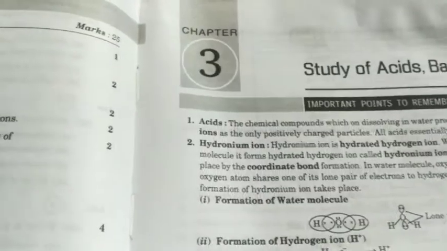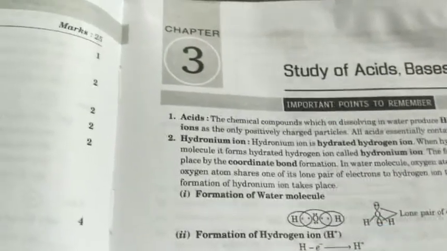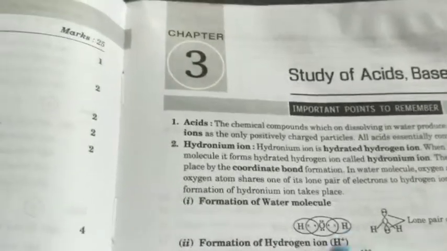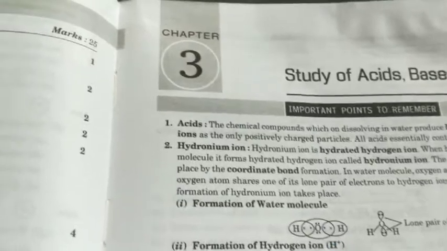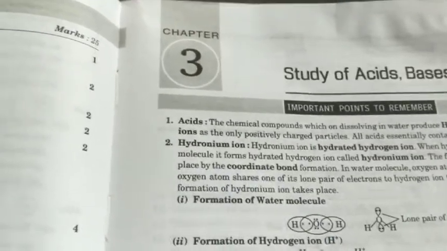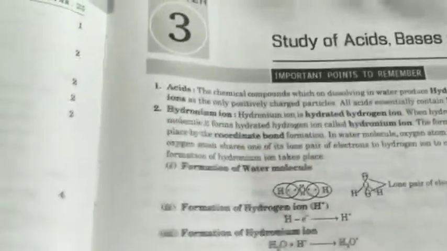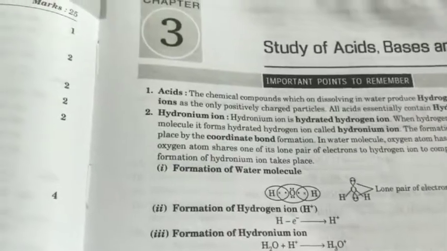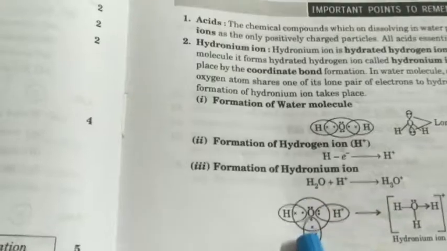When hydrogen loses one electron, it is converted into a protonium ion, that is hydrogen ion. It is very unstable in nature. Now, when hydrogen ion comes in contact with water, we see here H2O plus H plus gives H3O plus, and we write it in this way. Its diagram is this way.